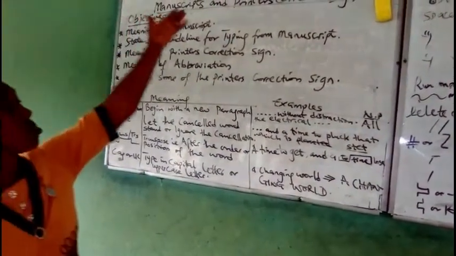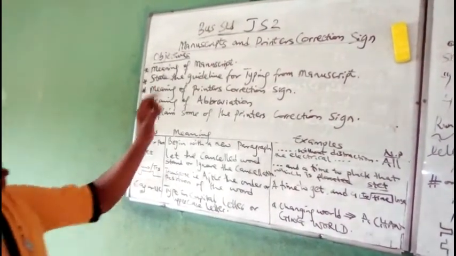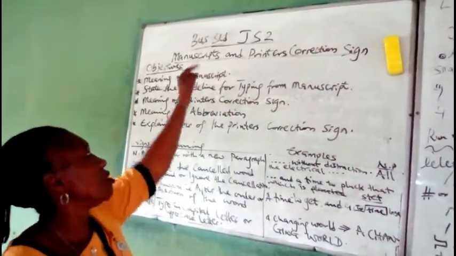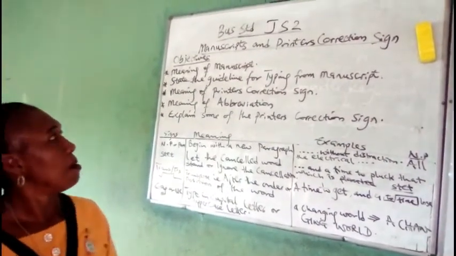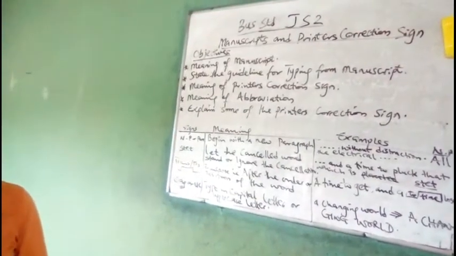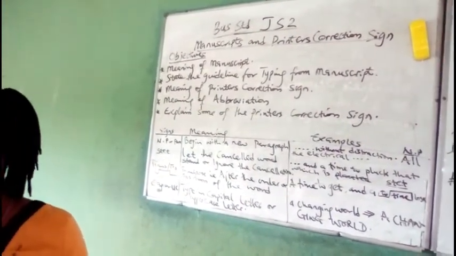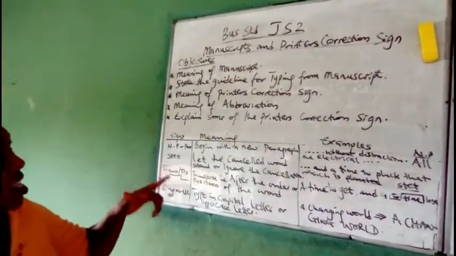I brought in manuscripts in this topic because you can't treat printers correction sign without knowing the meaning of manuscript. Manuscript is a handwritten copy of document to be typed.